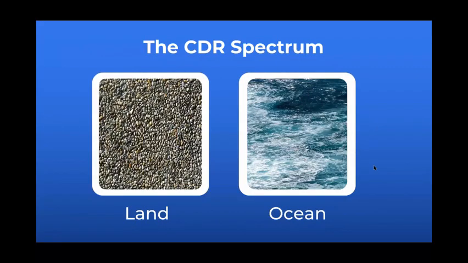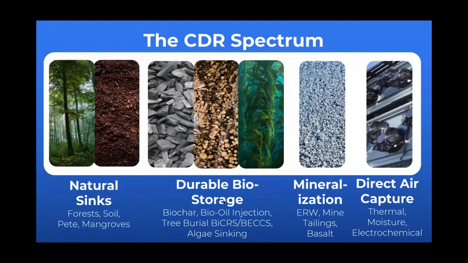So let's go back to CDR, which is, again, durably removing and durably storing carbon dioxide from the atmosphere. There are ways to do this in both land and ocean. We've been through the definitions, the numbers and the definitions. Now I'm going to talk about some of the activities going on. But first, we're going to look at the spectrum, what kind of solutions there are.